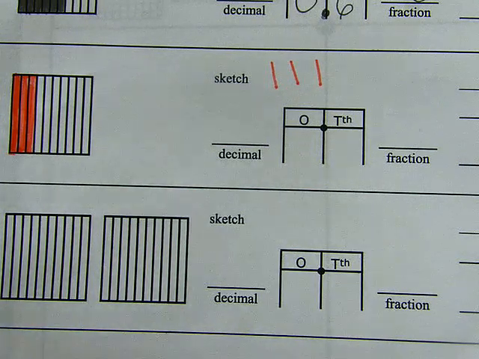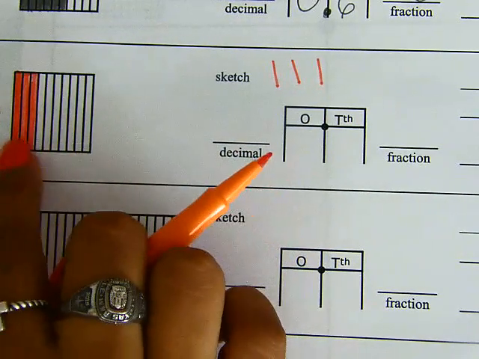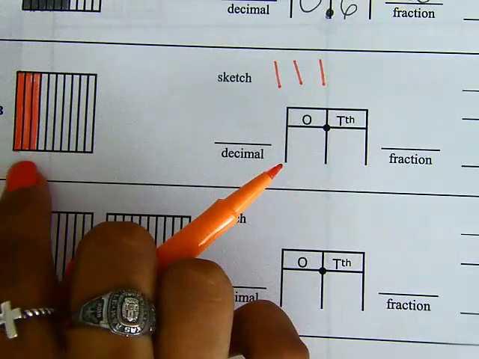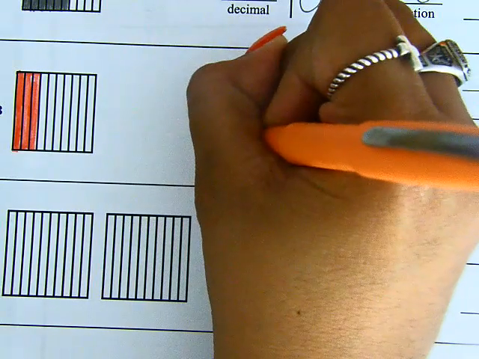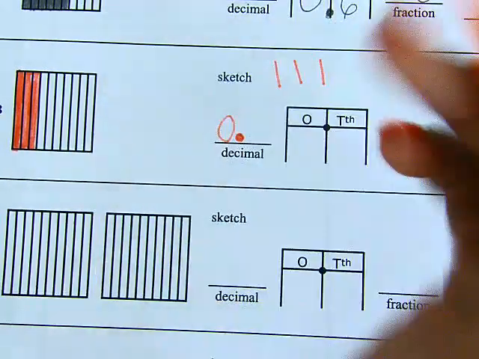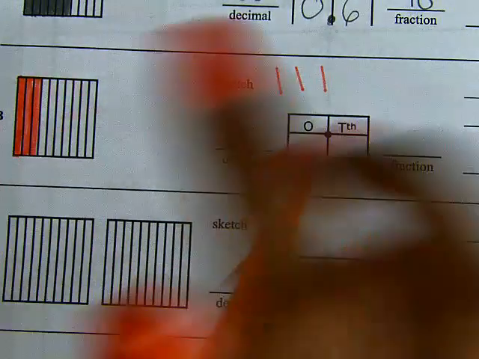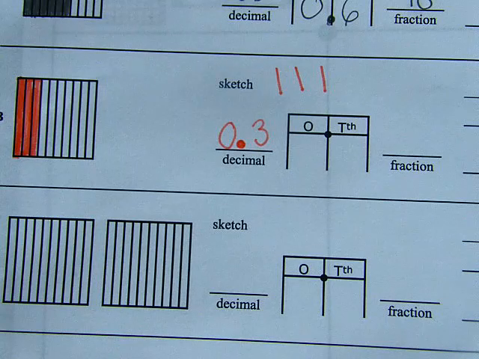So let's think, do I have any wholes? No, the only way this would be one whole is if everything inside was shaded. And is it shaded? No, we only have 3. So that means I have no whole numbers. I need to have my decimal point to separate my whole number from my decimal. And I have 3/10. So here's where I'm going to write my 3/10.